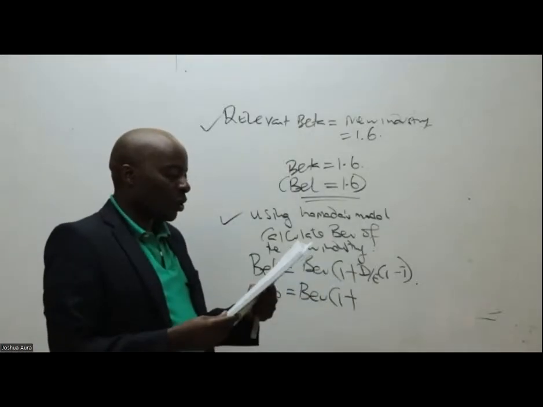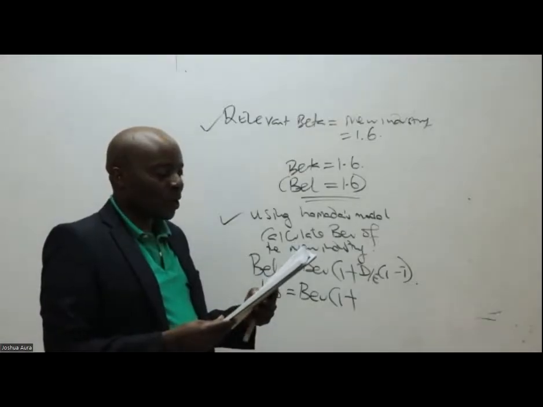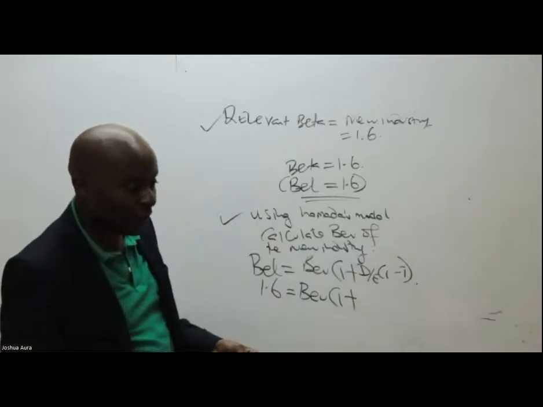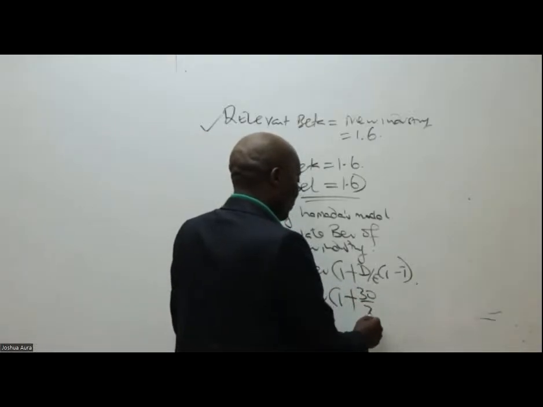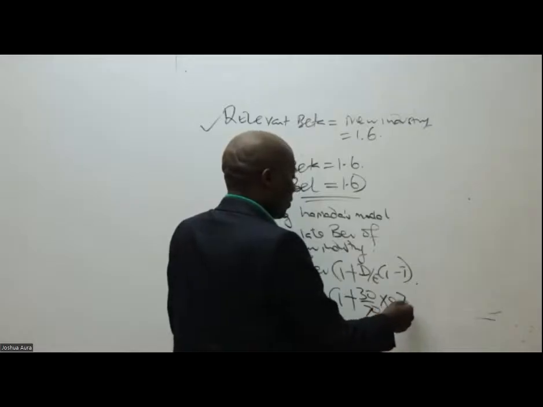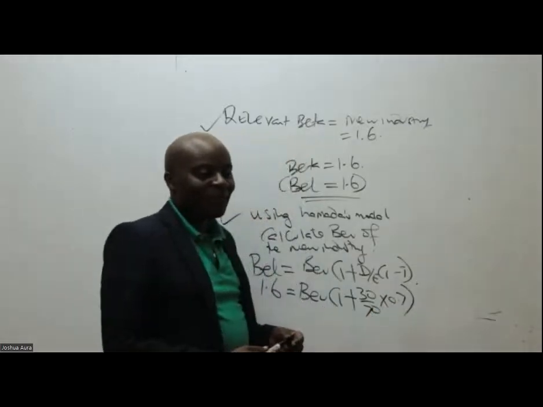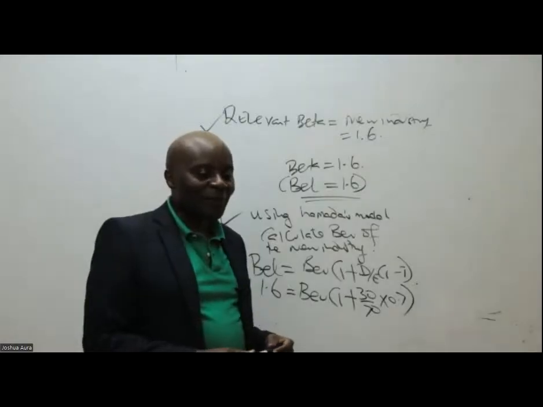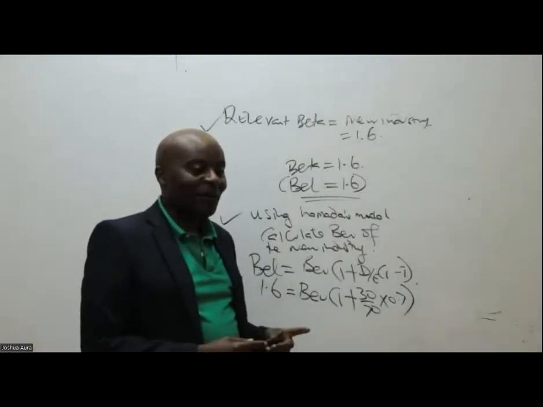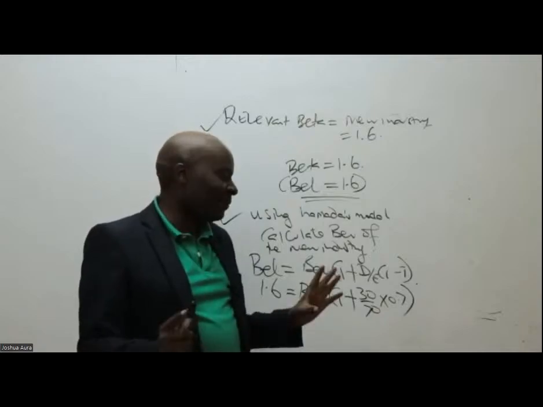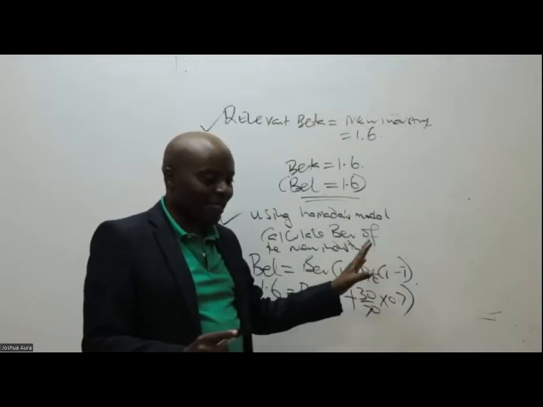The electronics industry has debt 30%, equity 70%. So 30 over 70 into 1 minus tax, which is 30%, so 0.7.